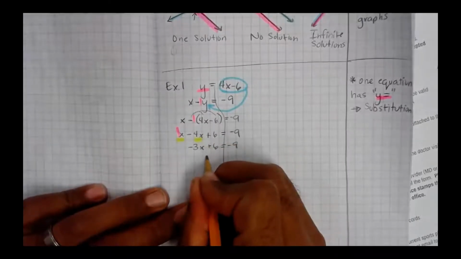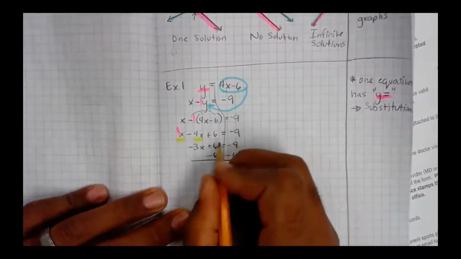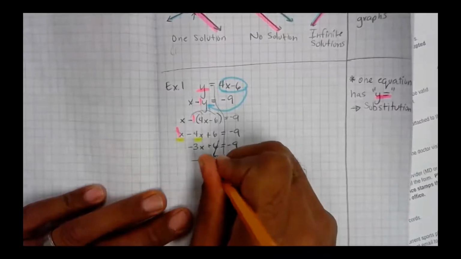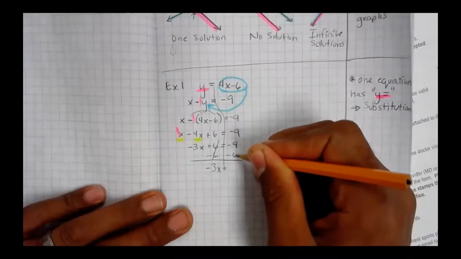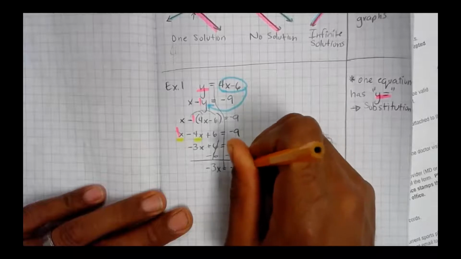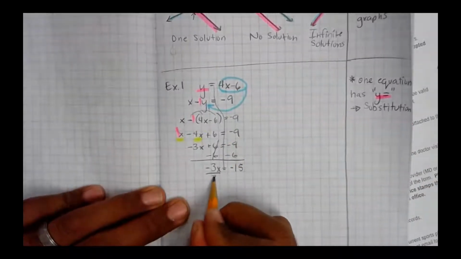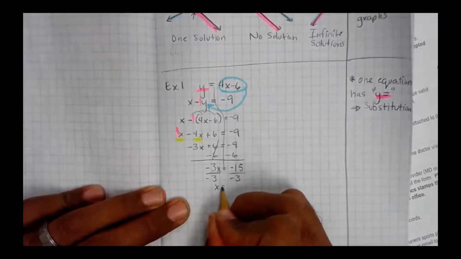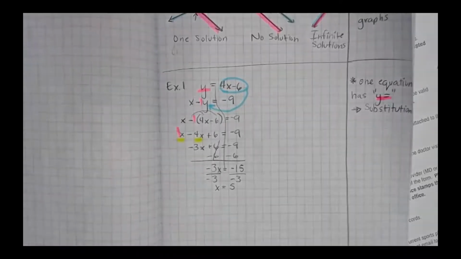Okay, then we'll subtract the 6 from both sides. That cancels. We have minus 3x equals, we're adding 2 negatives, so we add them, and we get negative 15. And then the last step here is to divide by negative 3. So x equals 5.